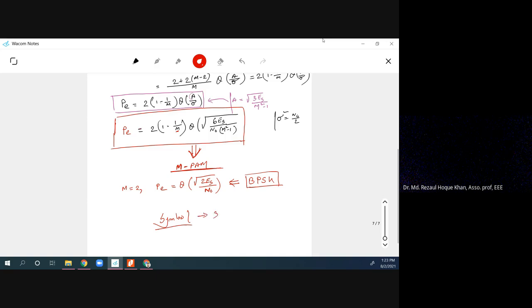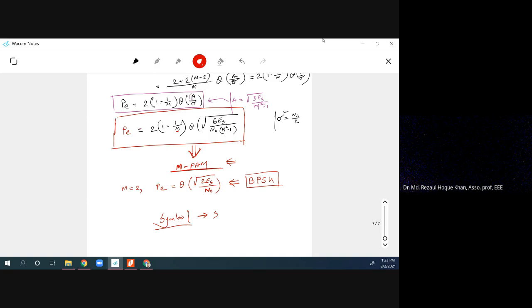If M equals 4, 2 bits. It can be 4-PAM, 8-PAM, 16-PAM. So by increasing the symbol size, we can increase the data rate, which is the application of PAM in high speed communication, for example in 4G or other high speed wireless communication.